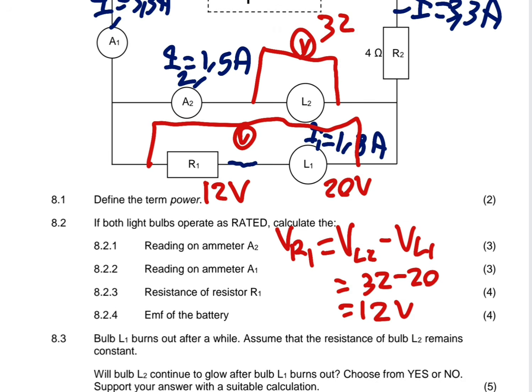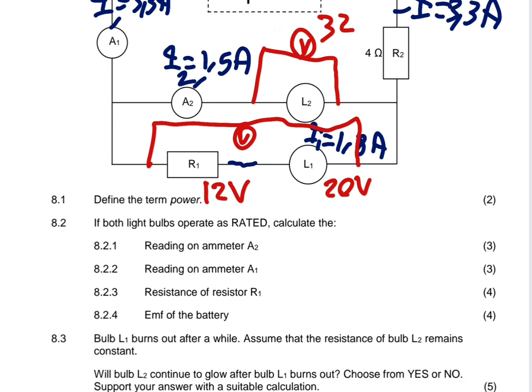Now after we've calculated 12 volts, we can calculate the resistance of R1, because remember Ohm's law says I equals V over R. What are we looking for? We're looking for the resistance. Do we have the voltage? Yes, the 12 volts. Do we have the I? Yes, we calculated it in the previous question, which is 1,8, because the same current that flows through L1 is the same current that flows through R1.